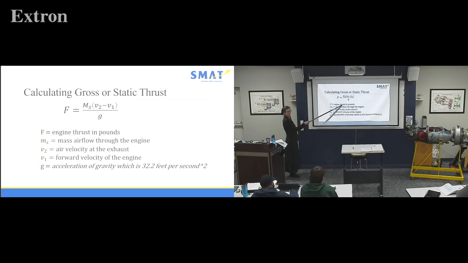Out what our engine thrust is in pounds. So we take the mass airflow through the engine and multiply that times the quantity of the air velocity at the exhaust, so what's coming out the back, and we subtract the forward velocity of the engine.